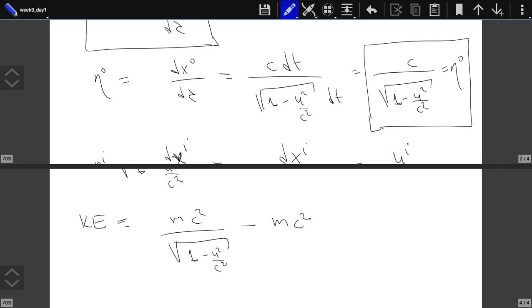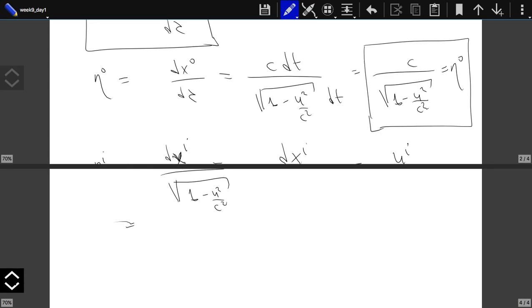Now let's calculate this one. This is equal to mc squared times (1 minus u squared over c squared) to the power minus 1/2, minus mc squared. Let me take the approximation that u over c is much, much less than 1. So I'm in a reference frame in which the object is moving slow compared to the speed of light.